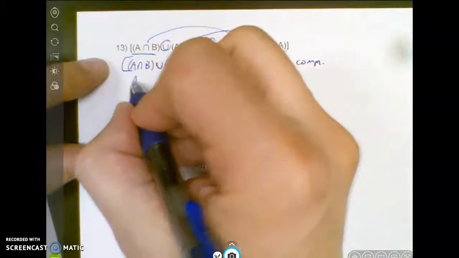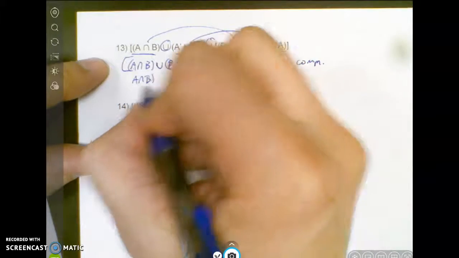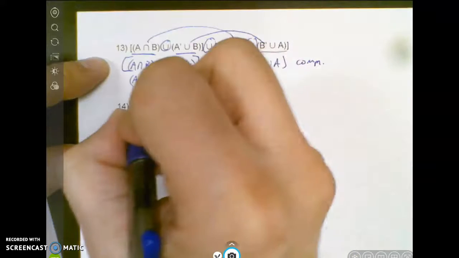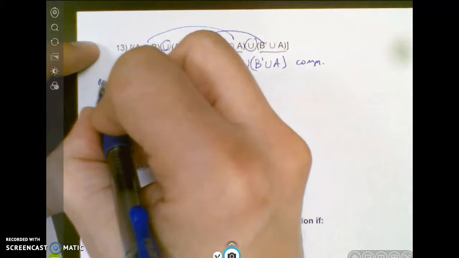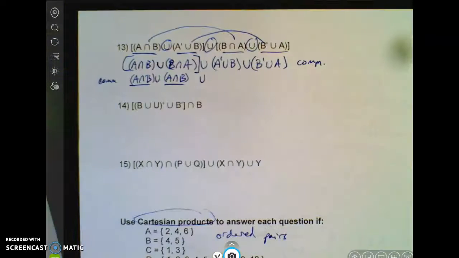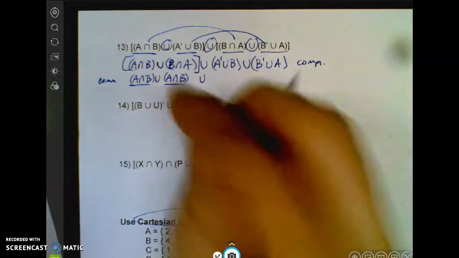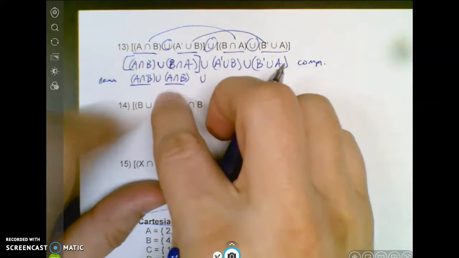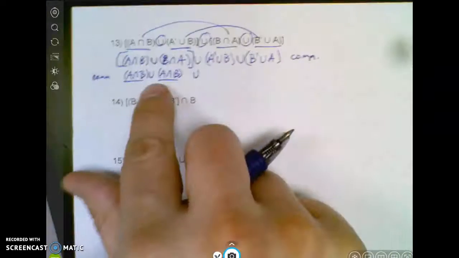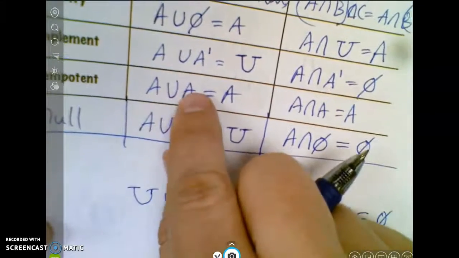So if I want to, I can rewrite this as A intersect B, A intersect B. That's commutative again. Those two are going to combine into one, right? They're the same thing, so they kind of condense into one. It's like unioning something with itself, right?